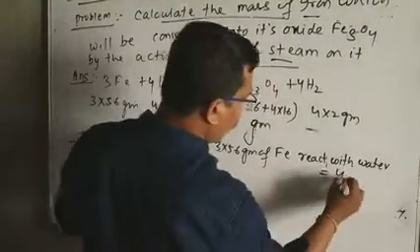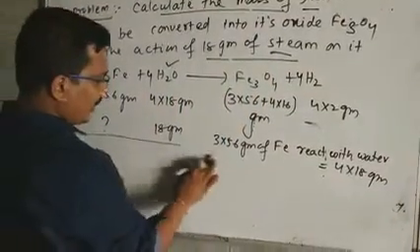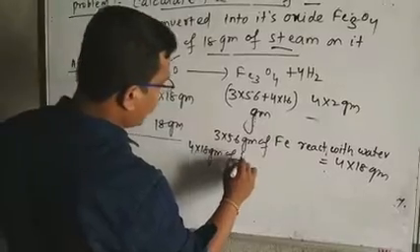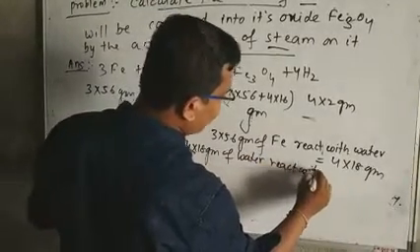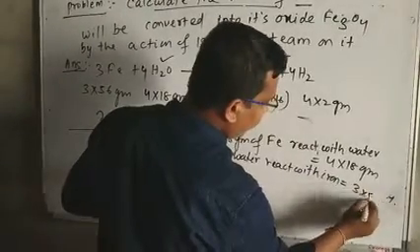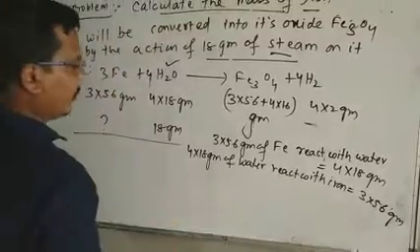That is 4 into 18 gram. That means we can write 4 into 18 gram of water reacts with iron equal to how much? 3 into 56. Just reverse water and iron.